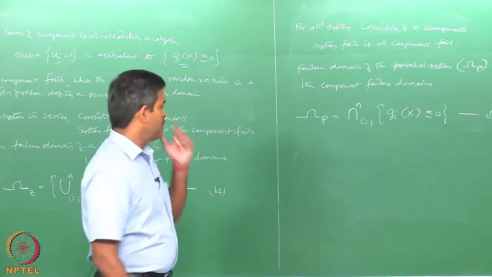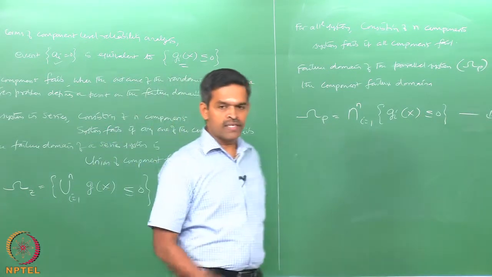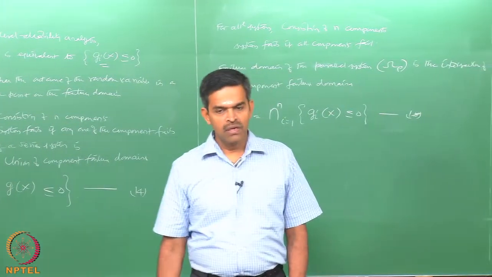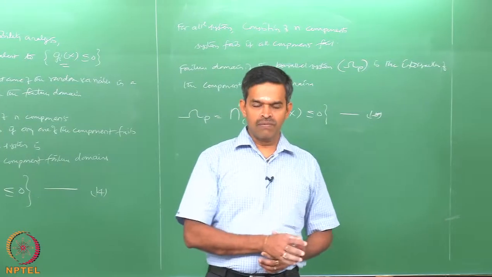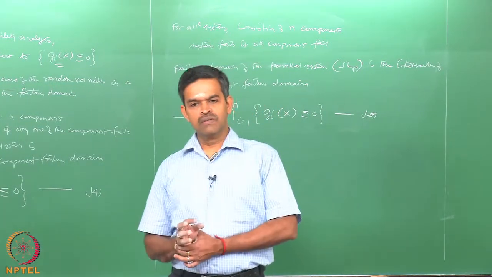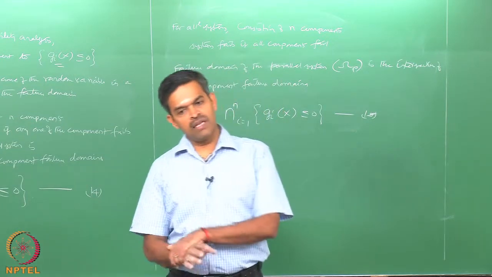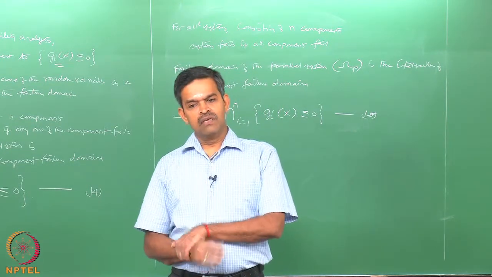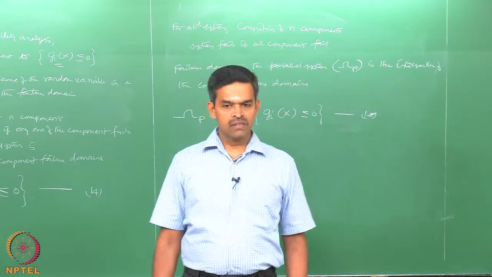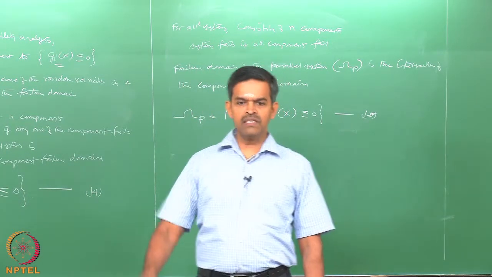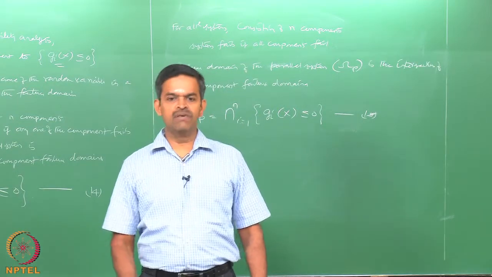So, friends, in this lecture we extended the discussion of a general system as a combination of series and parallel systems. We replaced a general system with minimum cut sets or with minimum path sets. One system becomes either cut sets in series or path sets in parallel, and the subsets in each one of them are vice versa.